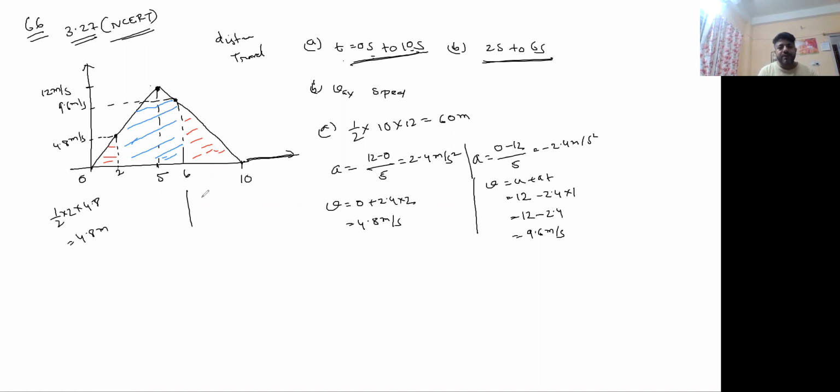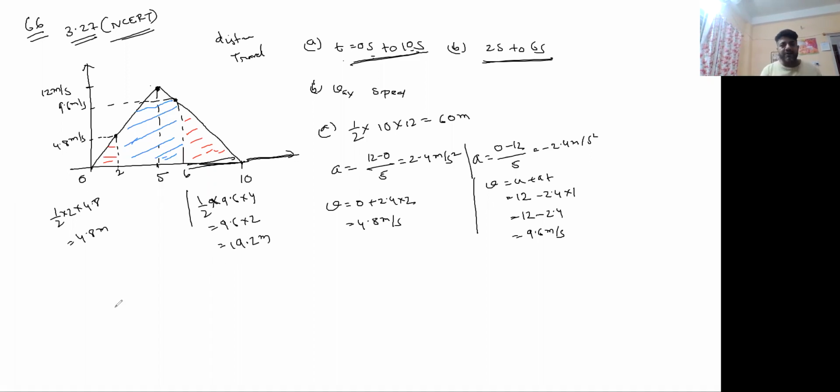And for this one, half into 9.6 into 4, this one is 4. So what we have is 9.6 into 2. So how much will it be? 19.2 meters, yes or no?